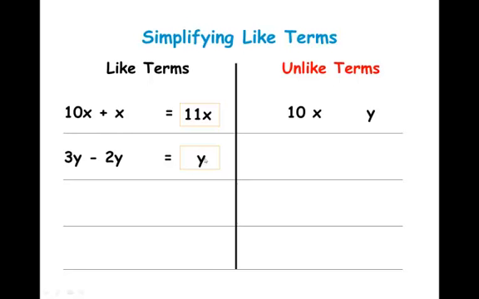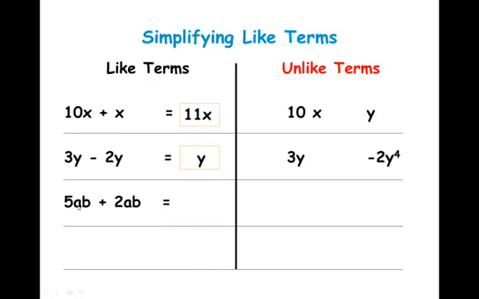You can just put the letter y, and that implies that that's one lot of y. Then we can have a look at these next terms. 3y minus 2y to the power of 4. They both have y's in them, but this second one is y to the power of 4. So it's from a different family, therefore we can't add those ones together.